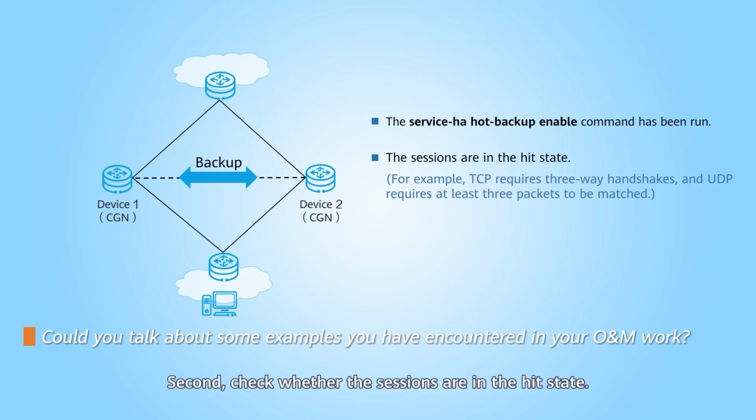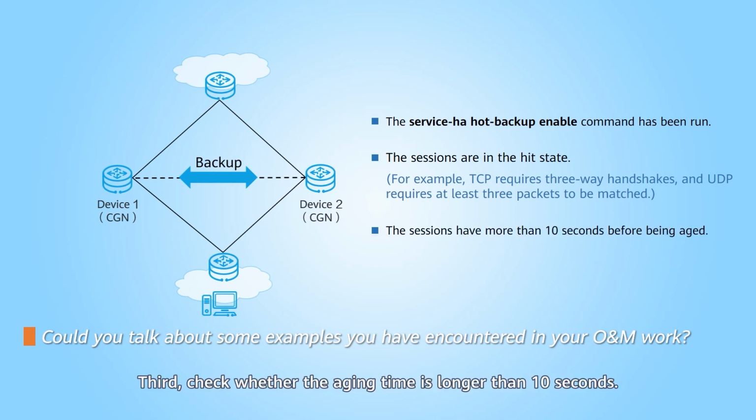Second, check whether the sessions are in the hit state. Using TCP as an example, we need to check whether the session is established after the TCP three-way handshake is completed. If the TCP three-way handshake is not completed, the session is in the no-hit state and will not be backed up. Third, check whether the aging time is longer than 10 seconds.